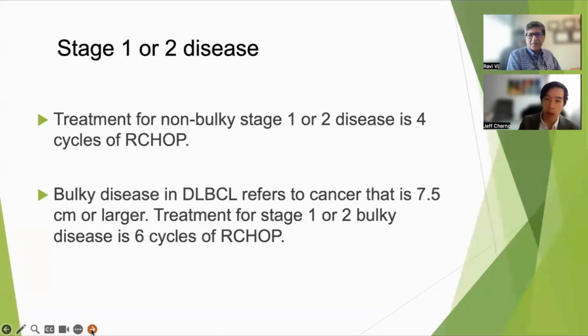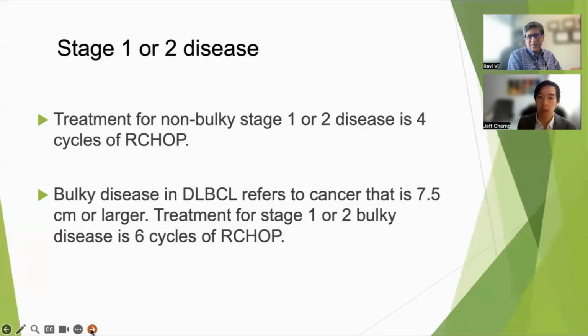Now, in the FLYER study, it was defined as anything 7.5 centimeters or larger in terms of diameter or largest mass. And bulky has different definitions, sometimes 10 centimeters in other studies, but certainly this, even though it's not classically a risk factor as part of the International Prognostic Index, does give me and others pause in considering a de-escalated approach.